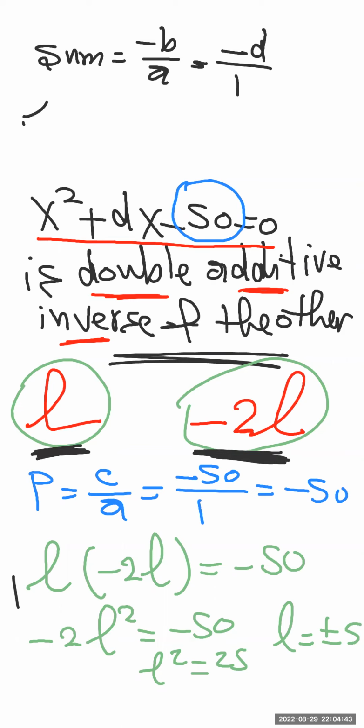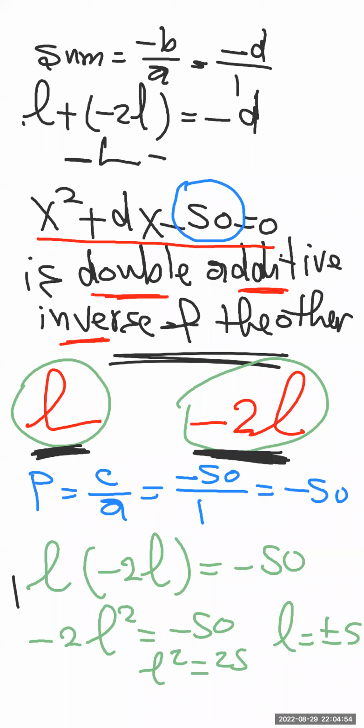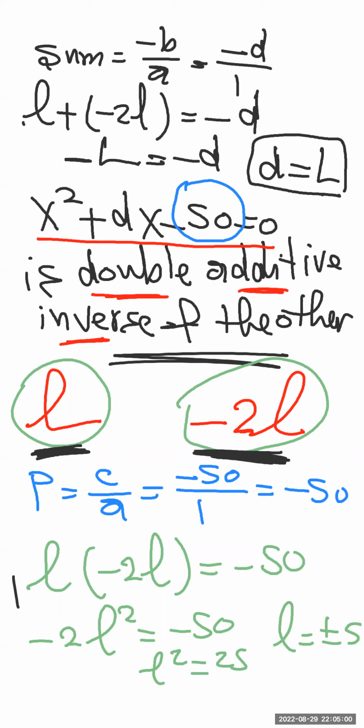So L plus negative 2L will equal negative d. So L plus negative 2L means negative L equals negative d. So d equals L. Where is that L? Down there, positive or negative. So d will also equal positive or negative 5. I'm done. Clear, guys?